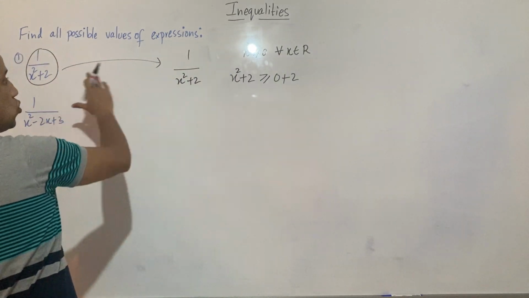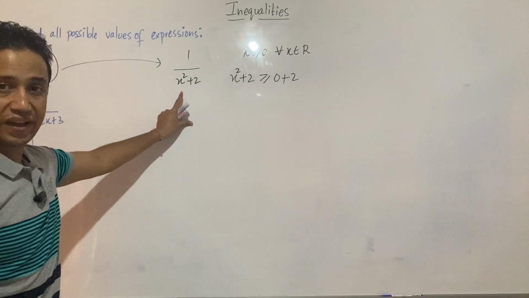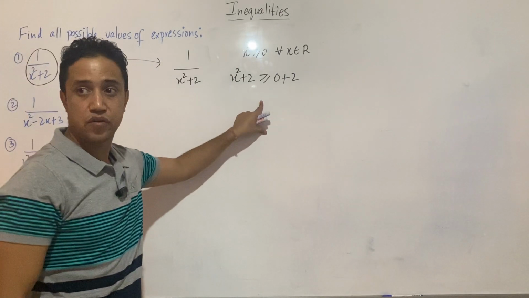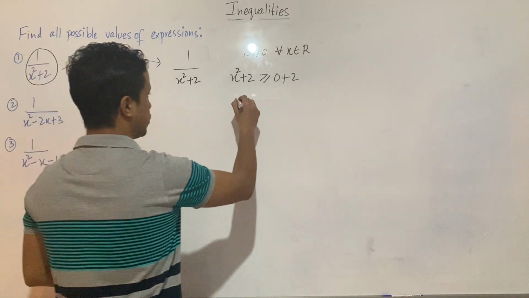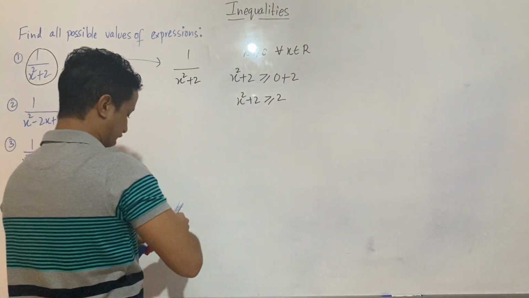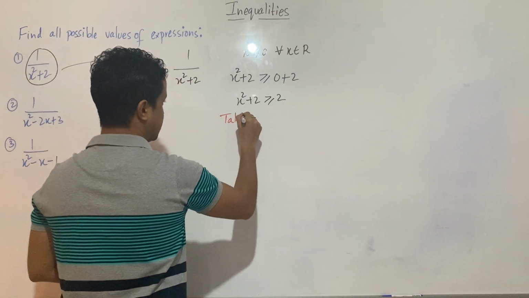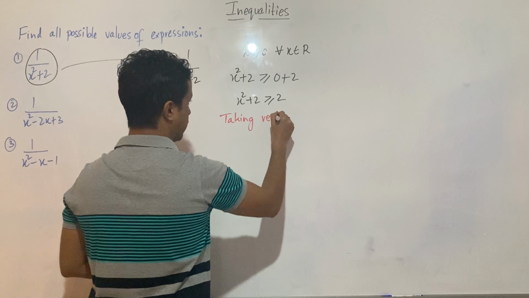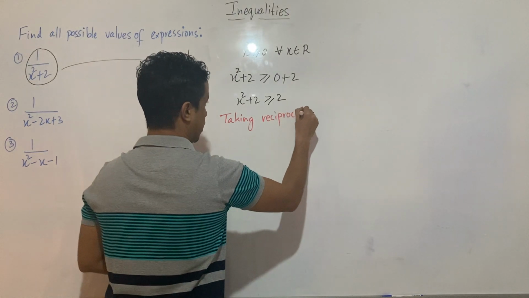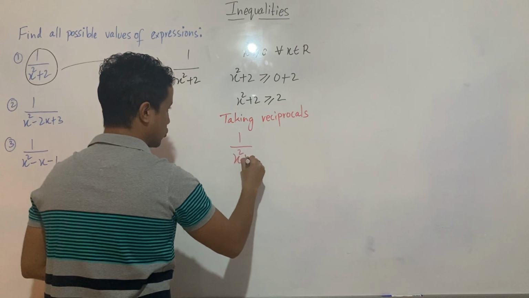Now, to get all the possible values of 1 over x square plus 2, I need to take the reciprocal. So this is x square plus 2 greater than or equal to 2. If I take the reciprocal, this is 1 over x square plus 2.